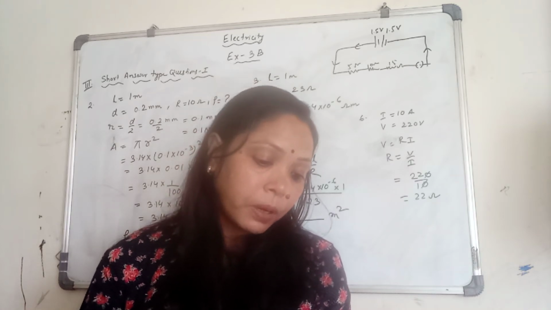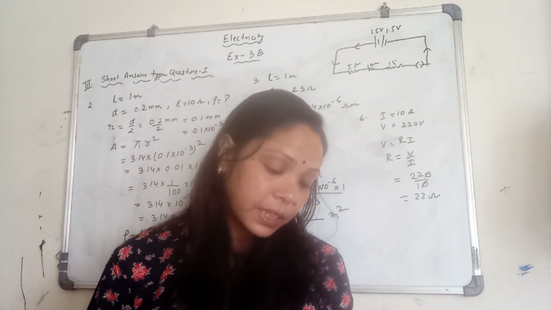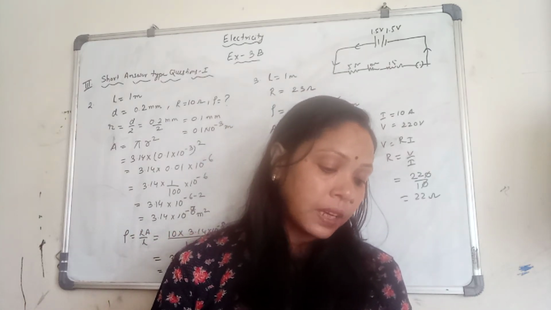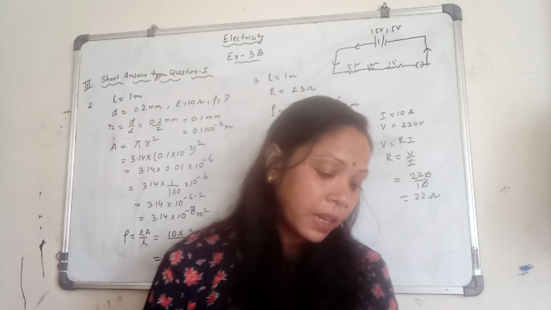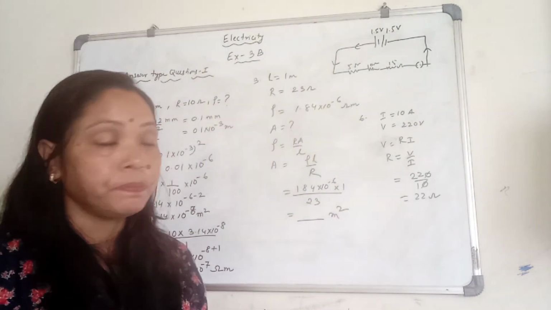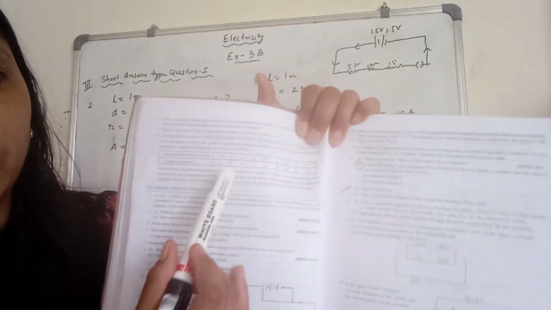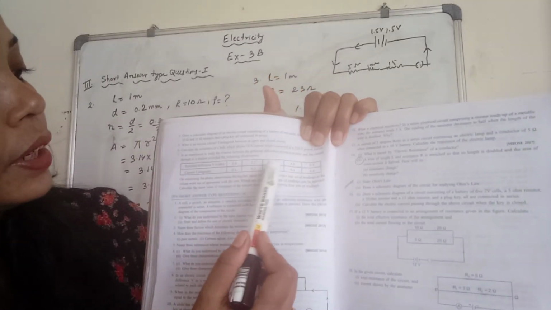Which of the above sets of reading can be rejected? Calculate the mean value of resistance of the resistor based on the remaining 4 sets of reading. So in this question, see, five sets are given here. 1, 2, 3, 4, 5.